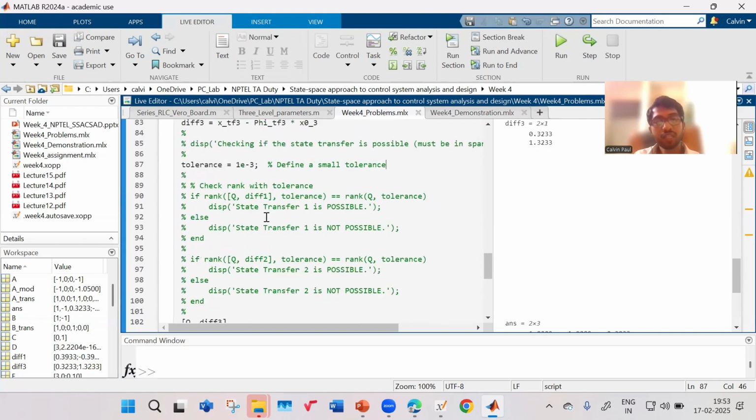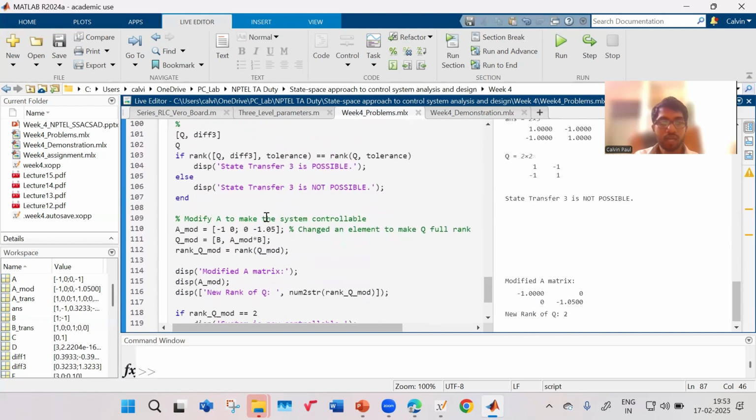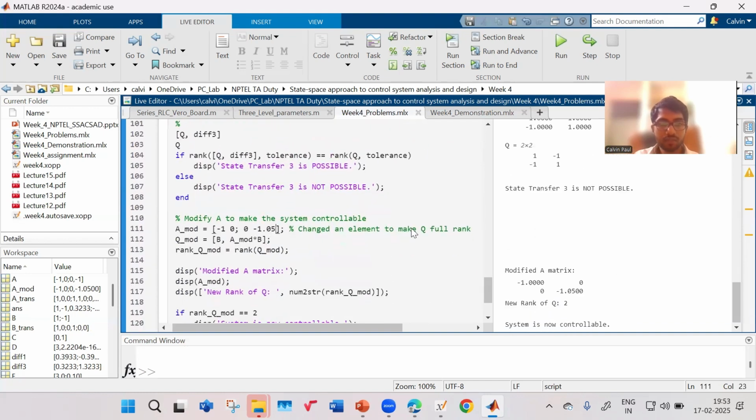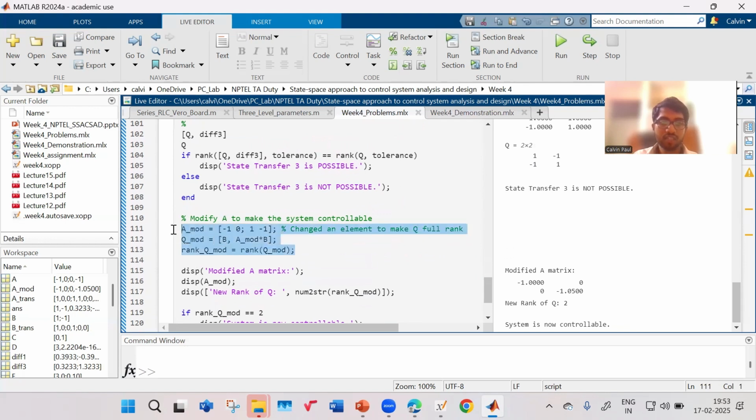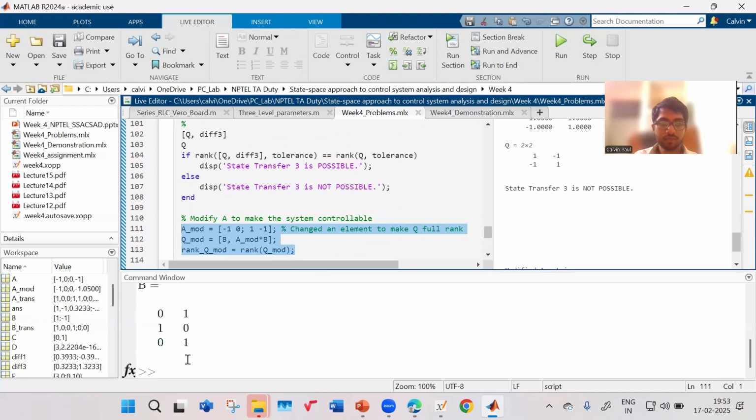So now if I want to make it controllable, what do I do? I add an off-diagonal element. I am changing an element to make Q full rank. Let me run this part here.